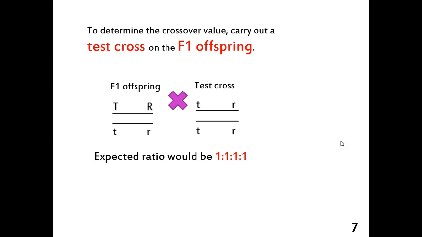To determine the crossover value, we first carry out a test cross. This is similar to what we conducted in practice question 1 and case study 1. The expected ratio will be 1:1:1:1.